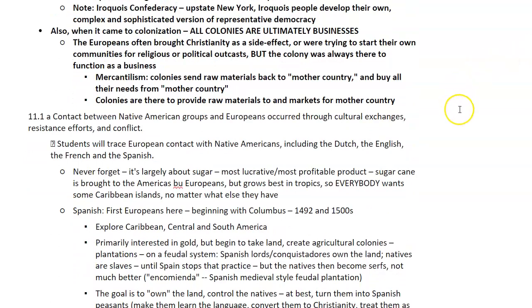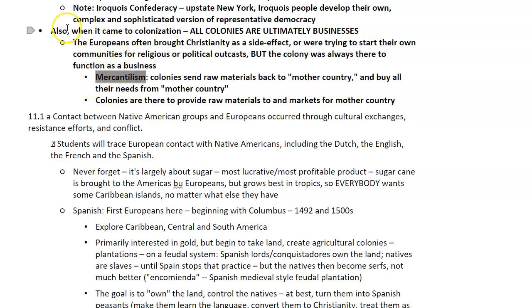Also need to know, whenever we talk about the colonies, as we're about to, all colonies are ultimately businesses. The Europeans often brought Christianity to the New World as a kind of side effect, or they were trying to start their own communities for religious or political outcasts. That's true, but a colony was always there to function as a business. This is the age, after all, of mercantilism.